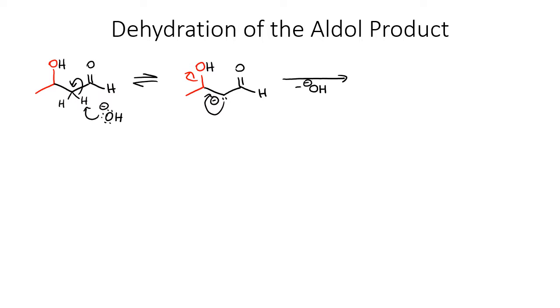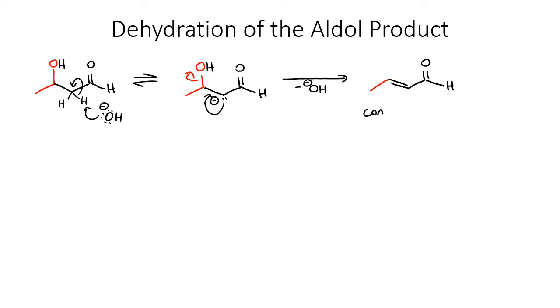Now, even though a hydroxide ion is not a good leaving group, in this case, because we are forming a conjugated system with the aldehyde, this is a very favorable product.